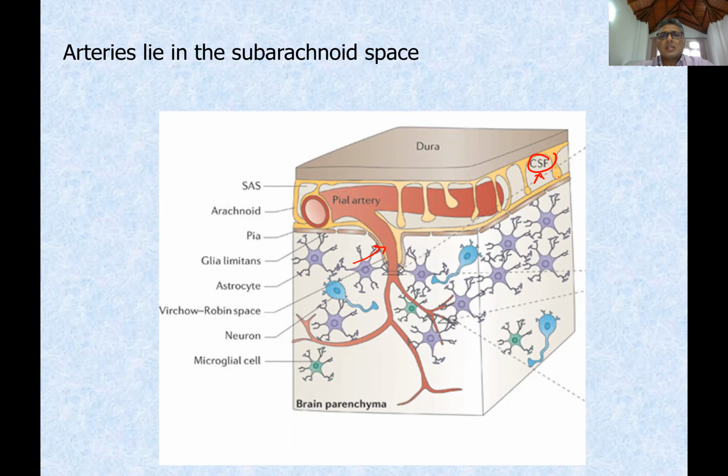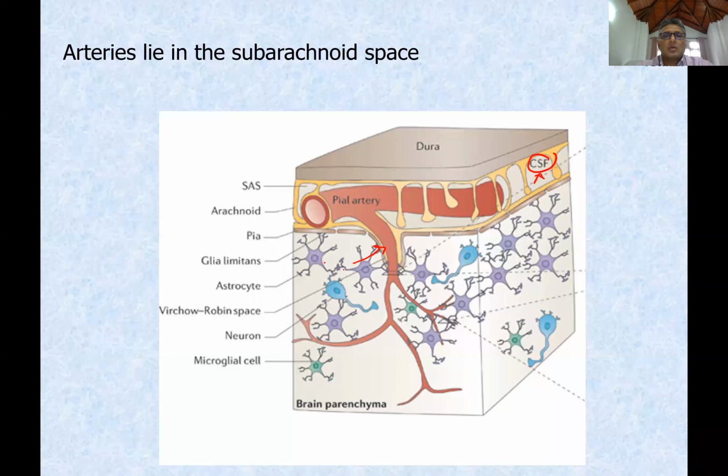Now inside the subarachnoid space, there are free anastomoses like in the circle of Willis. But once the branches leave the subarachnoid space and enter the brain substance, they do not have collateral circulation, so they do not have anastomosis, and therefore they act as end arteries.